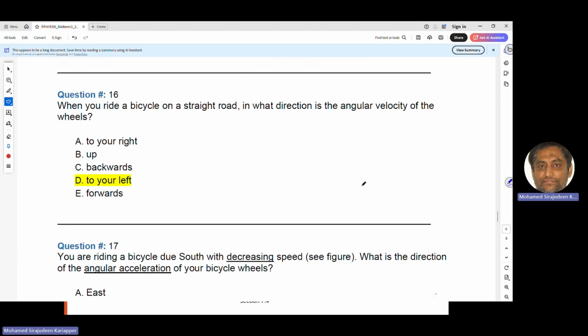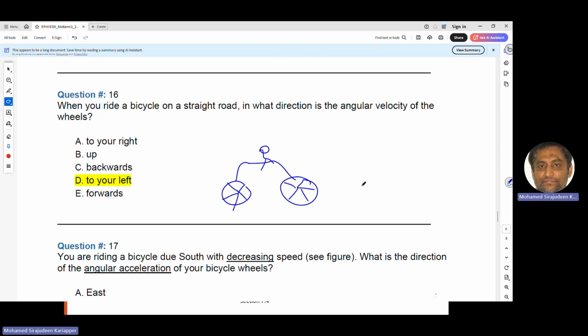Number 16. When you ride a bicycle on a straight road, in what direction is the angular velocity of the wheel? Left. Yeah, thank you. So say this is a bicycle. I'll explain to other people who don't know how. So this is the wheel of the bicycle, and you're sitting on the bicycle, and let's say you're going like that.